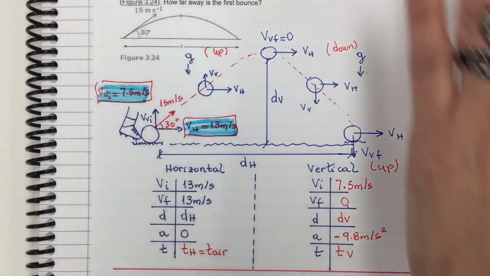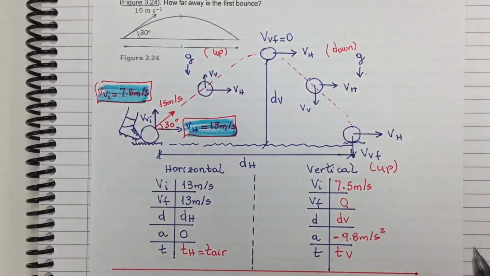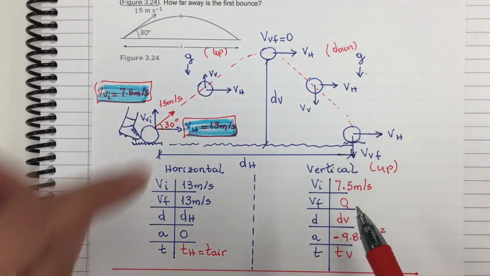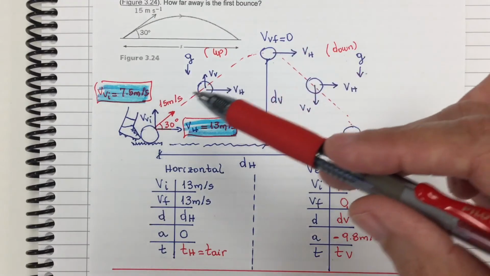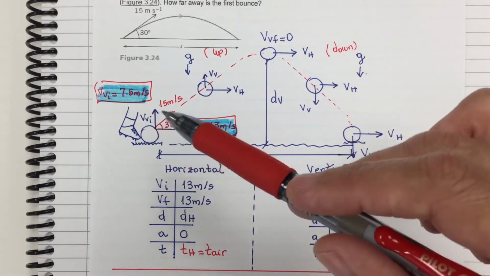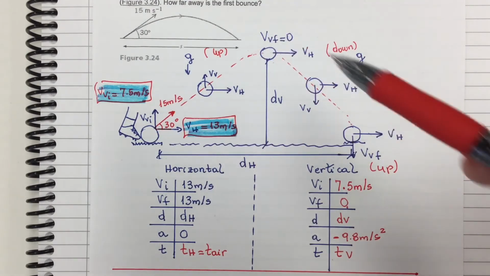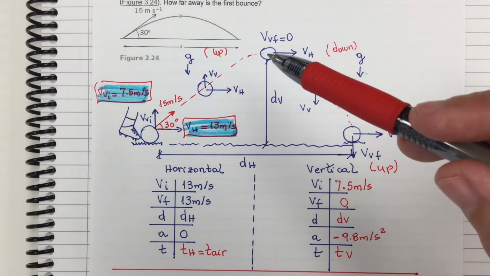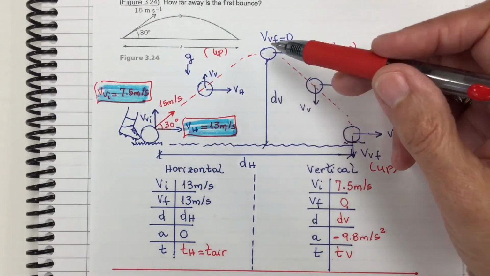Vertically going up, so we are going to see just this side of the story. So the initial velocity is 7.5. The final velocity here is 0. So the vertical velocity is going to decelerate until you get to 0 and then change direction. So right here is 0. Your dV here is the maximum height.